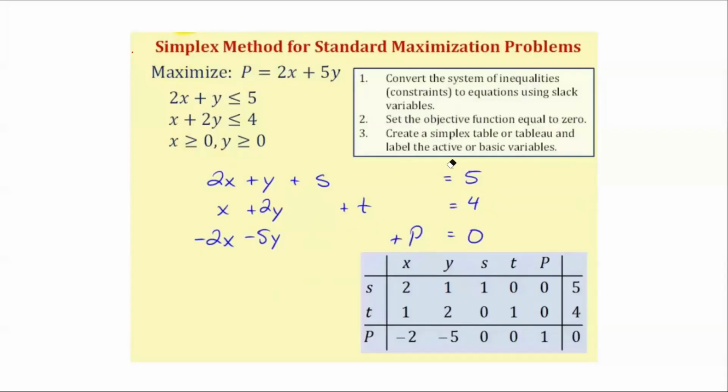Remember you said set the objective function equal to 0. I put the x and the y on this side because we want to line up all the x's and y's. But s and t can't line up with them. They have to have their own column.